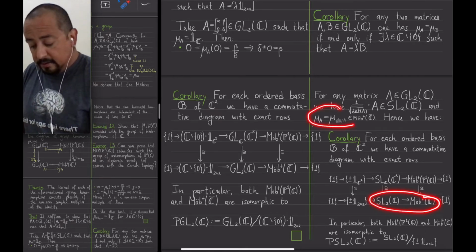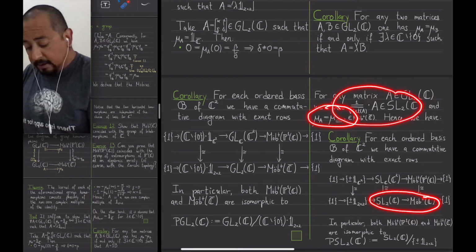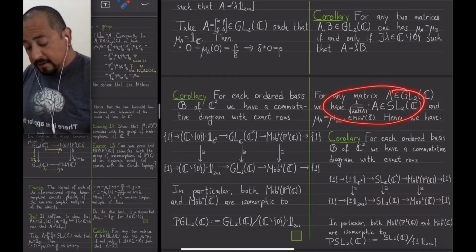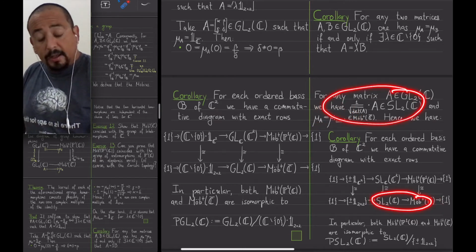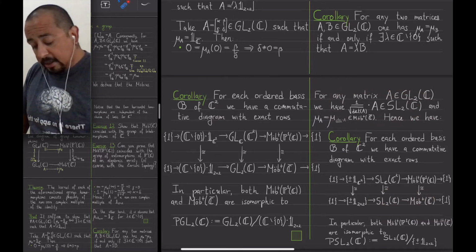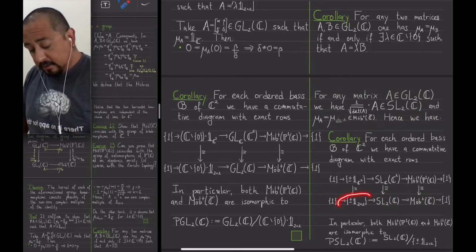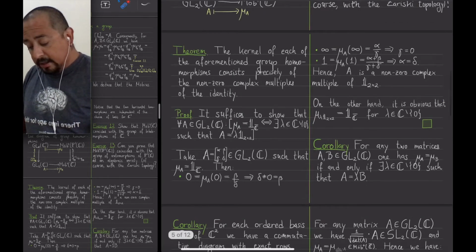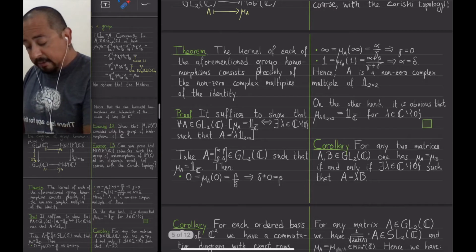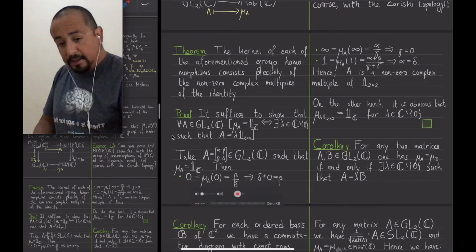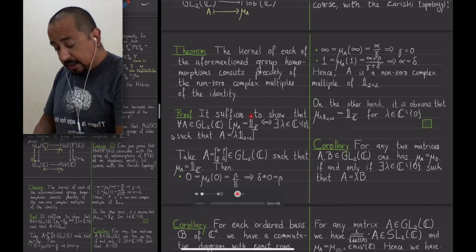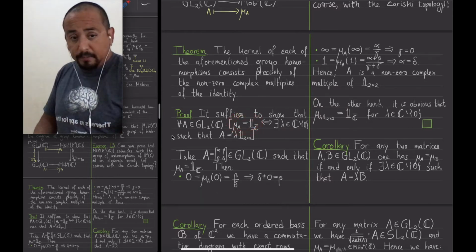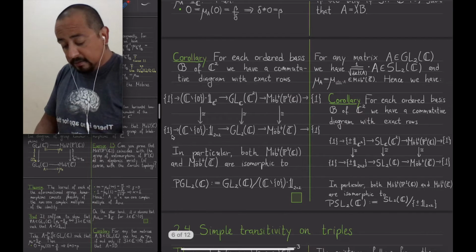So what this paragraph says is that this one is surjective. Now, what is its kernel? Well, I still know that any matrix, but now in SL2C, goes to the identity if and only if it's a non-zero multiple of the identity matrix.